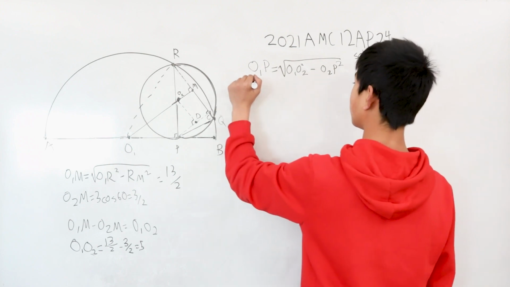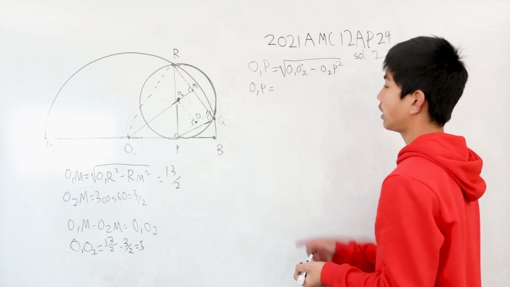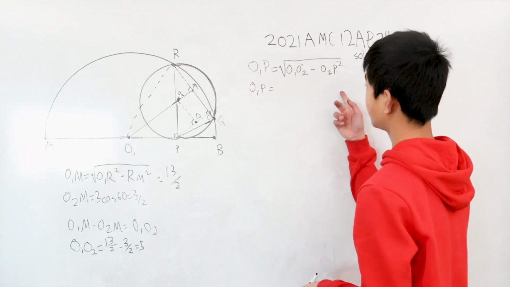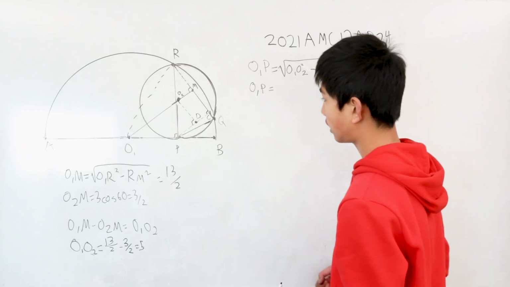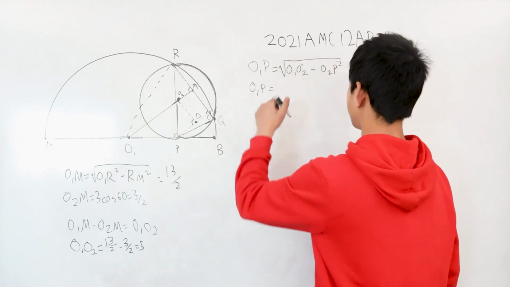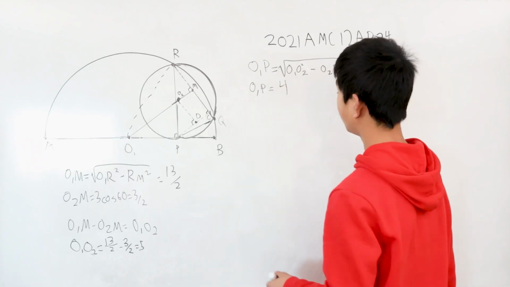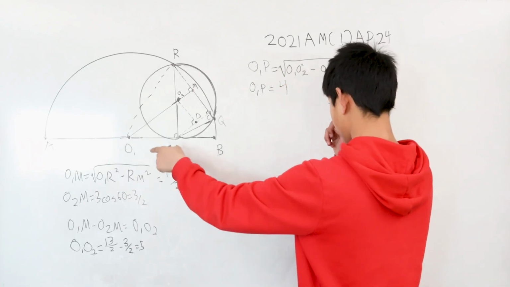And O1P, we know that's 5, and we solve for this O2P, and this total thing is going to be 4. O1P, this length is 4.